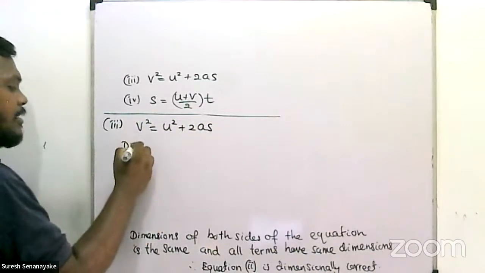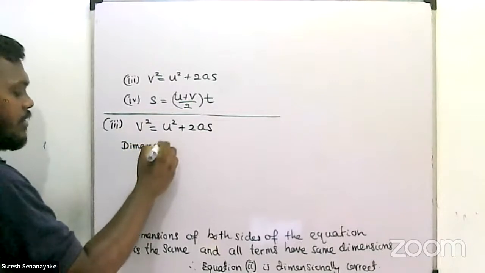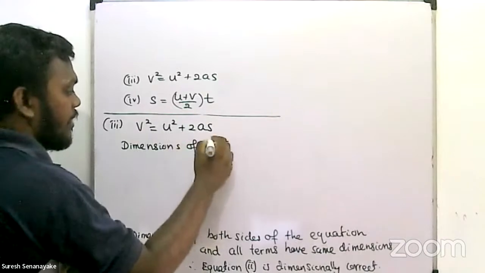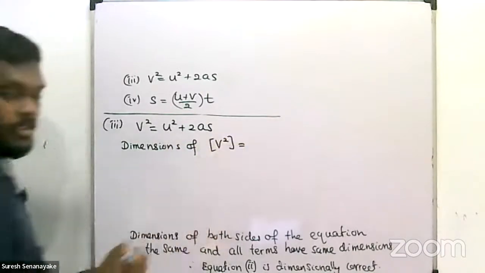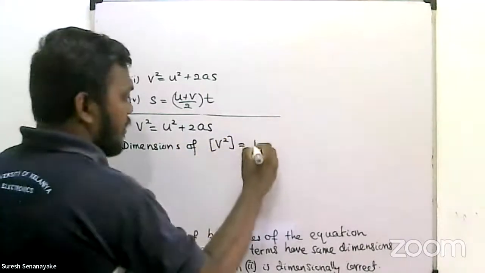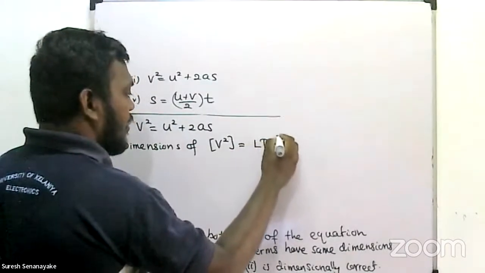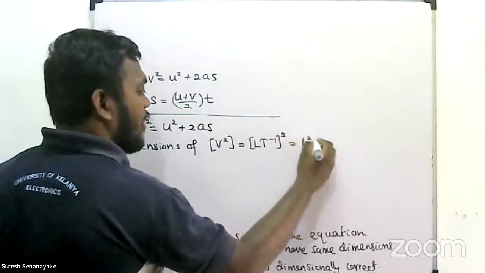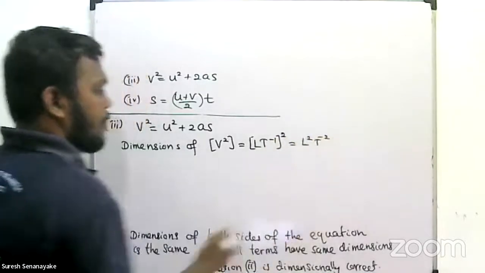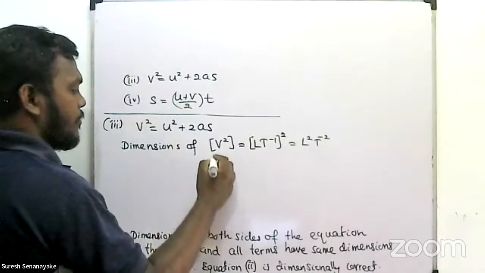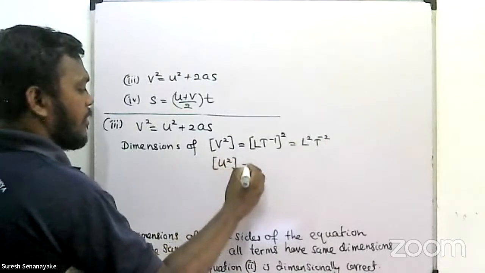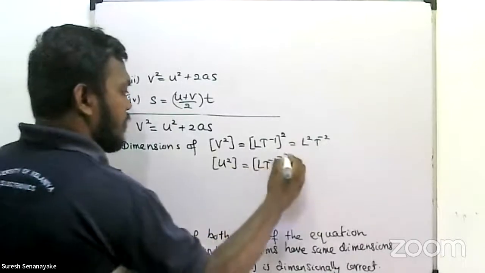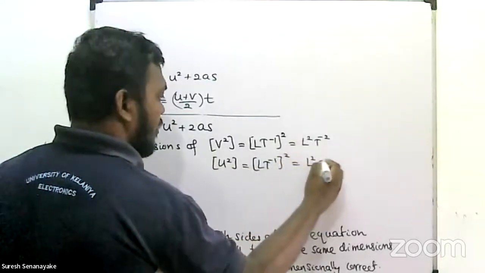Now again consider the dimensions of the individual terms. Dimensions of v square, we consider first. The v is the velocity, so its dimension is LT minus 1. Now the square of this is L square T minus 2. Dimension of u square: u is also the velocity, so its square is the same as the previous one.